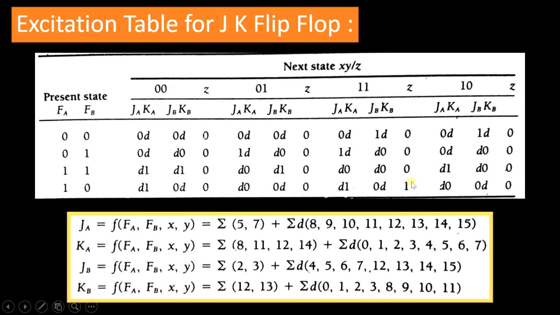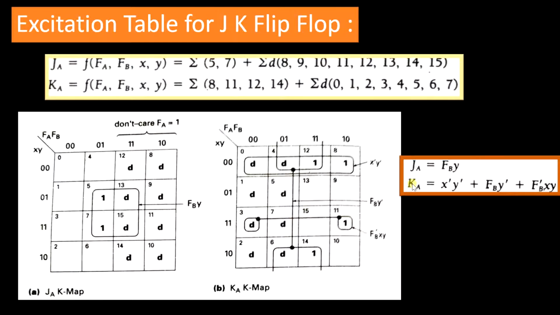Moreover, for the output variable Z, again the expression will remain the same, corresponding to min term 11, because this is equal to 1011. Now separately I have considered JA and KA. I have mapped the min terms and the don't care terms, grouped them and obtained the excitation equations.